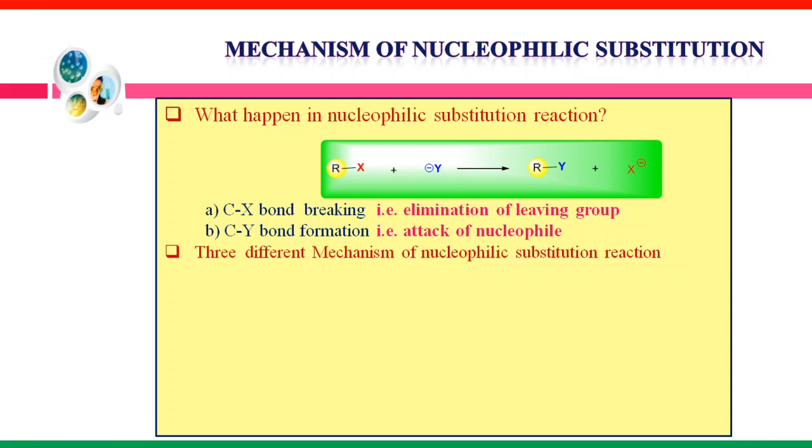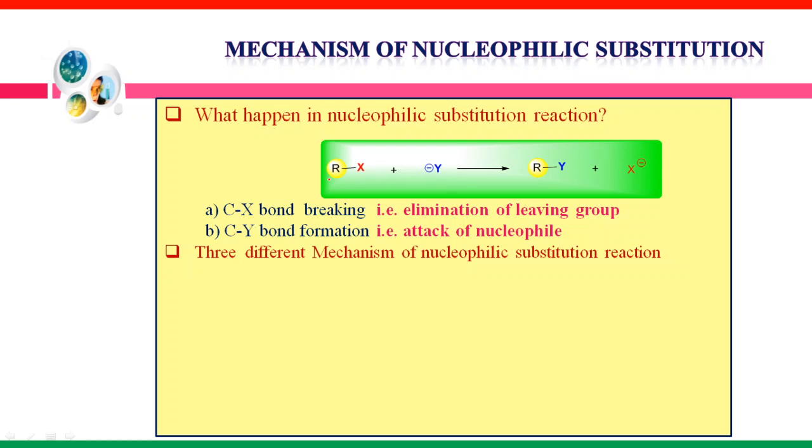What is the mechanism of nucleophilic substitution reaction? What is the nucleophilic substitution reaction? The reaction in which one atom or group of atoms in the substrate is replaced by a negatively charged atom or negatively charged group of atoms to give the product is known as nucleophilic substitution reaction.